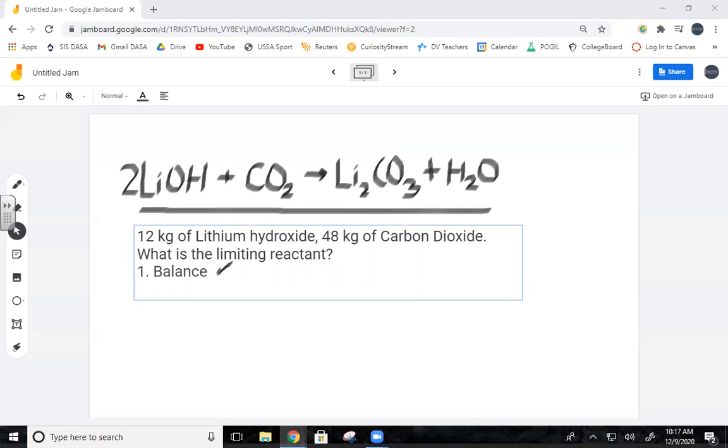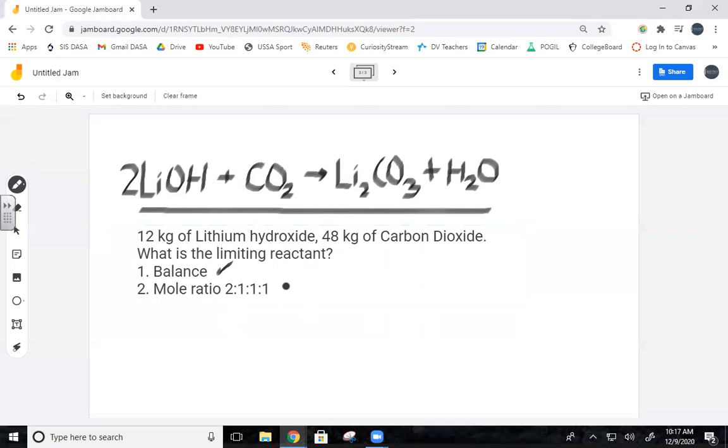Anybody? Molar ratio. Molar ratio balanced it. 2 to 1 to 1 to 1. So 2 to 1 to 1 to 1. To check.